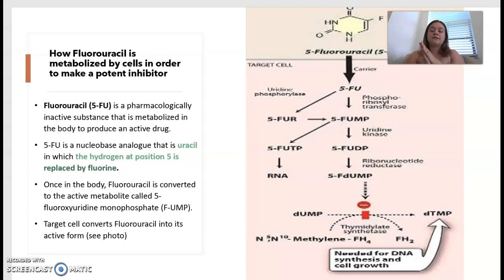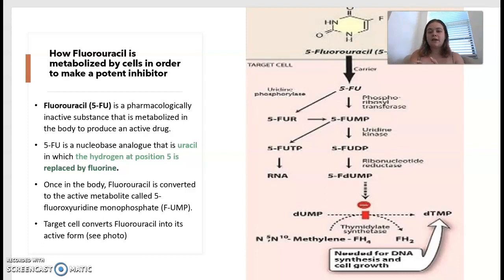So fluorouracil is an inactive substance until it actually is metabolized by the human body, and then it produces the active form of the drug. It is a nucleobase analog of uracil, so it sort of takes the place of uracil. The structure of that is the hydrogen at position 5 is replaced by fluorine.